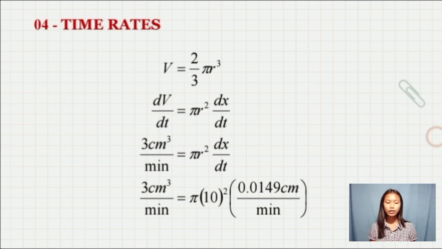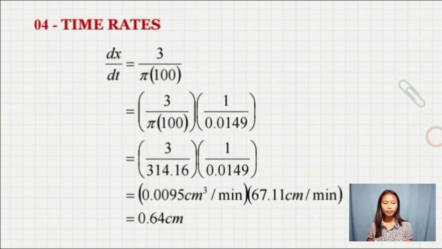So 3 cm cubed per minute equals pi multiplied by 10 squared times 0.0149 cm per minute. The 10 squared will become 100. Then this will become 3 over pi times 100 multiplied by 0.0149, which is equal to 314.16.